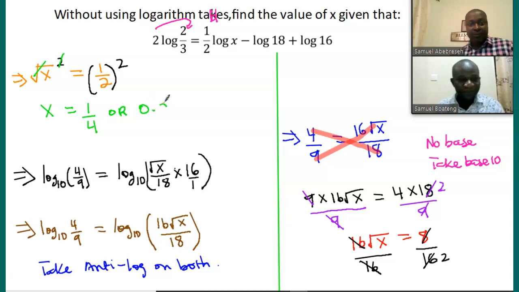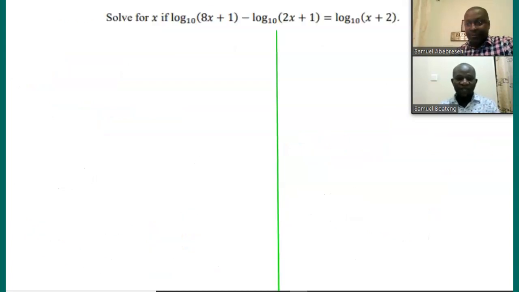So check it out. If you had 1 on 4 or 0.25, solve for x. If log to the base 10 into bracket 8x plus 1 minus log to the base 10 into bracket 2x plus 1 equal to log to the base 10 x plus 2.